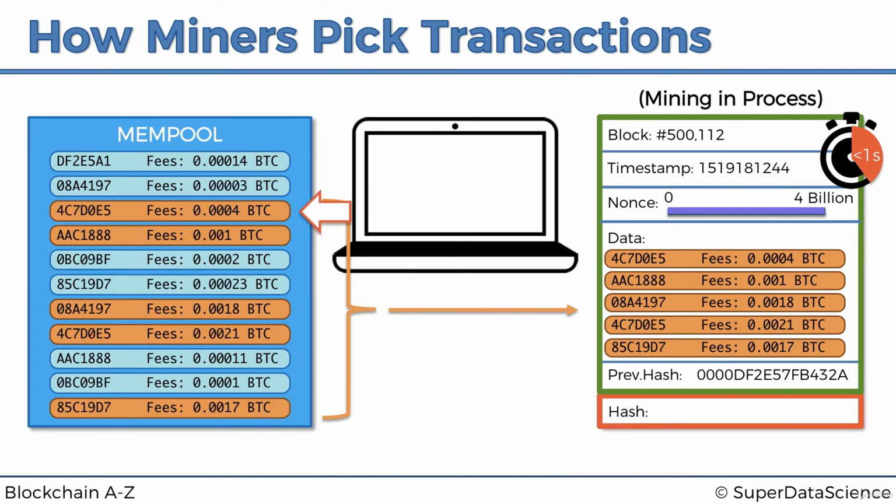So the miner will say, let's look at the transaction with the lowest fee. Out of the ones I've picked, which is the one that has the lowest fee? It's this one. It's only 0.0004, less than all other transactions in the ones that I've picked. So I'm going to remove it, and now pick the next transaction with the next highest fee, which is this one, and put it into my block configuration. There we go.